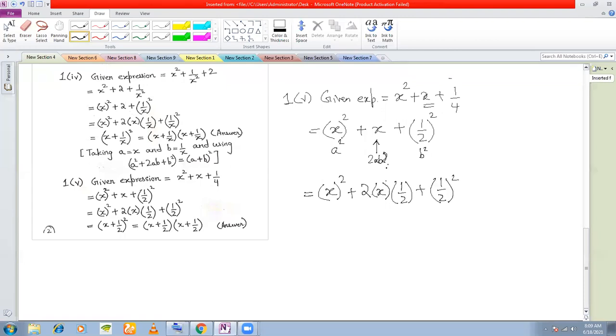Now we check whether we are getting x from this or not. Yes, we are getting, because 2 and 2 will cancel to get x only. So therefore, this is our a square plus 2ab plus b square form, and therefore we can write this as a plus b whole square, which can be written as repeated factor x plus half into x plus half.